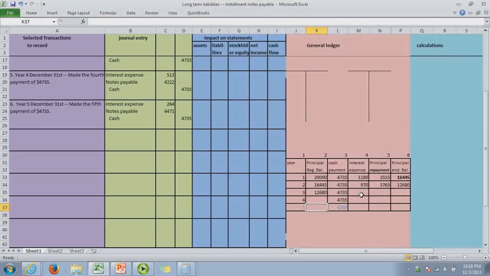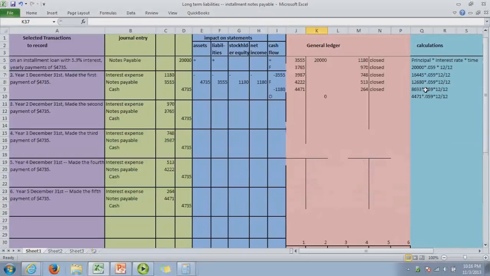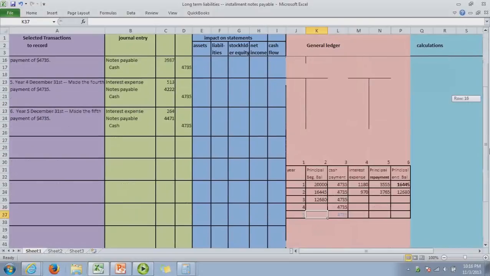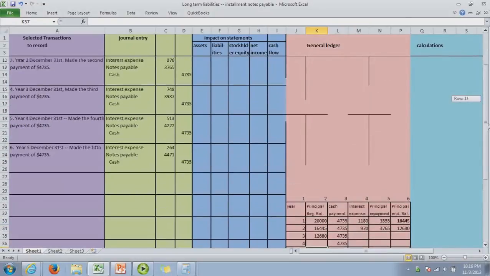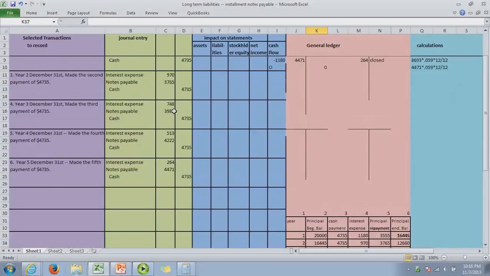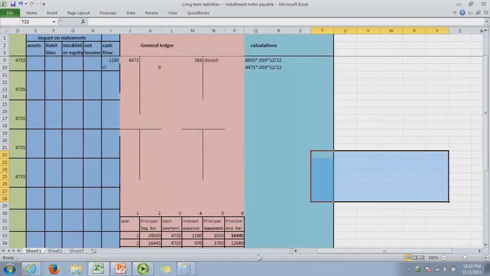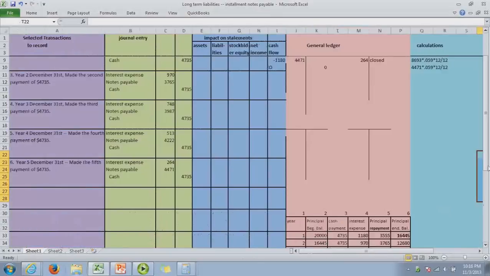Okay, and then the usual, we figure out the interest on 12,680. So we had it up here, 12,680 times 0.059, and that would have been this one, $748.